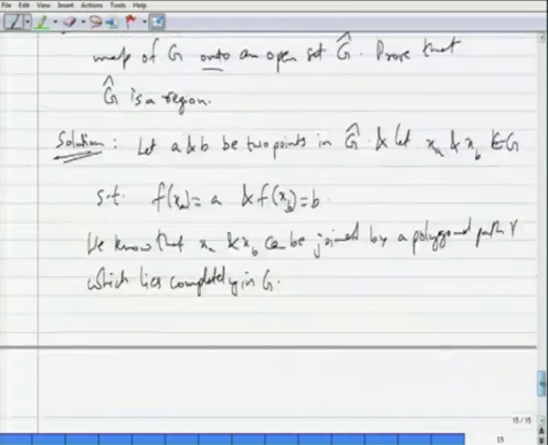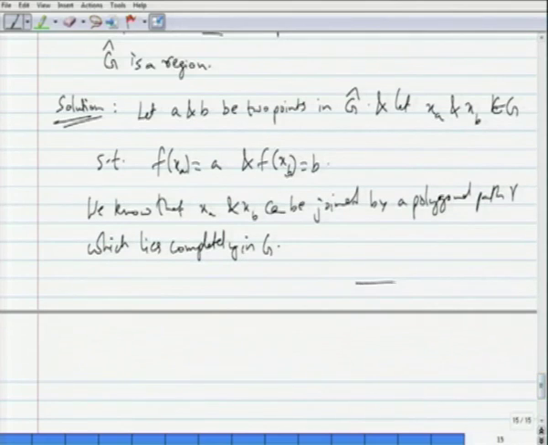Okay. So, if you have a polygonal path which starts at x A and ends at x B, you can always parameterize it.